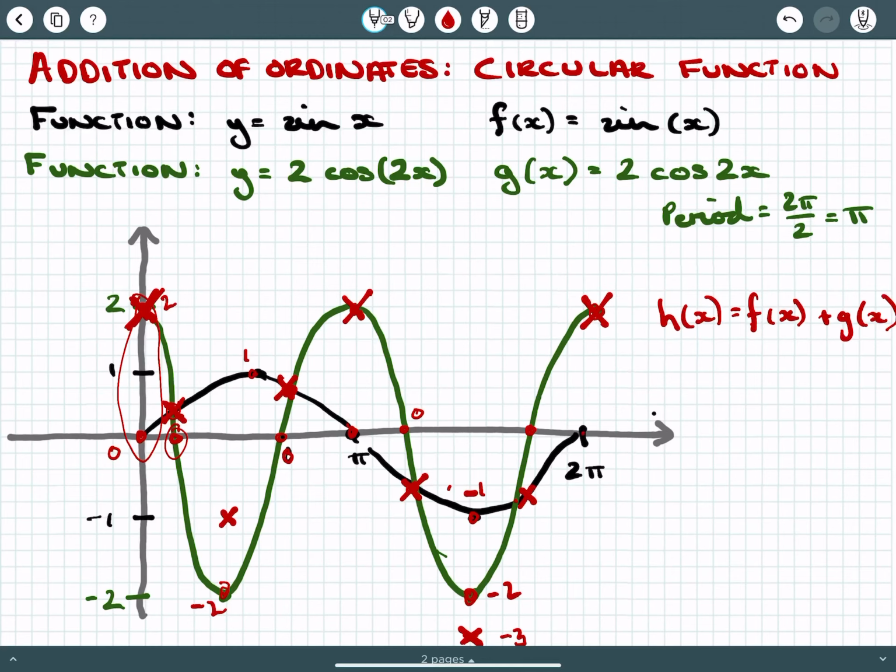Now the idea is to zone in on these X markers, because that's the shape of h(x). And it's pretty distorted, but you can get an idea of what h(x) might look like.